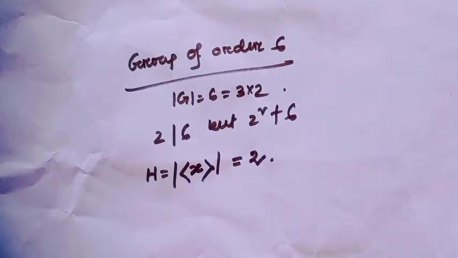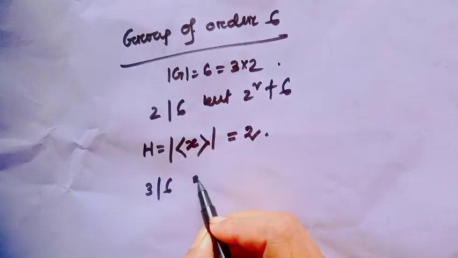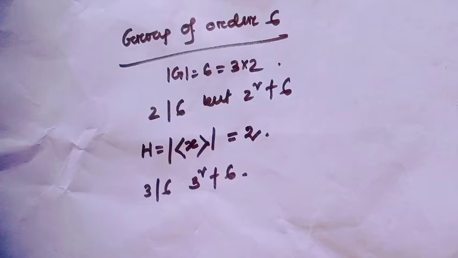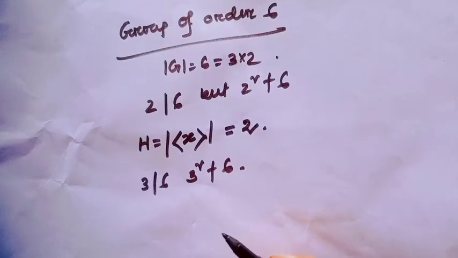Now similarly, by Sylow's theorem, since 3 divides 6 but 3 squared does not divide 6, there exists a 3-Sylow subgroup. And since 3 is a prime number and 3 divides 6, by Cauchy's theorem there exists an element of order 3.